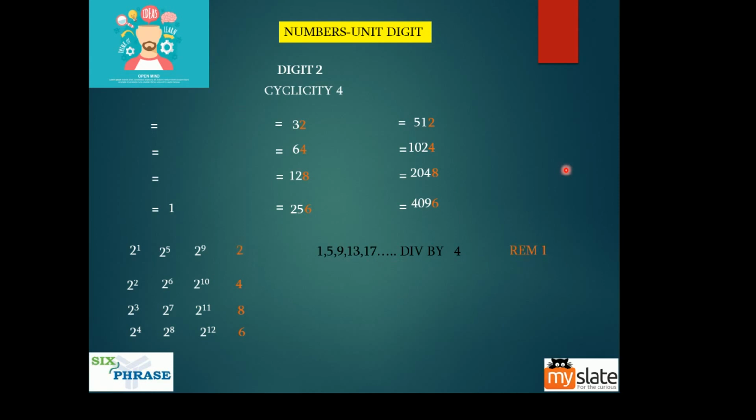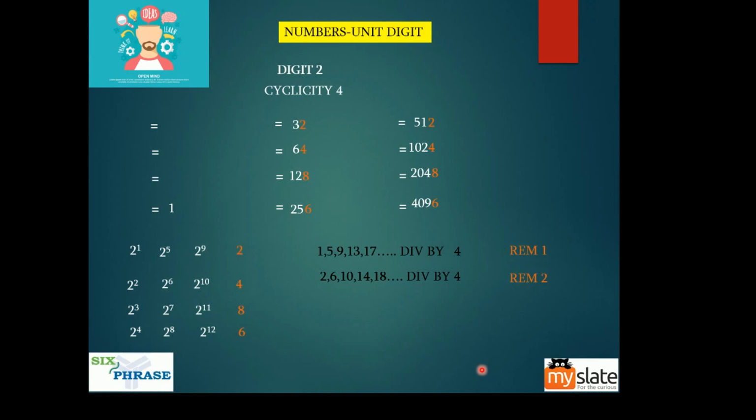Okay. Now we look at another set of numbers. 2, 6, 10, 14, 18 divided by 4. These are the powers of these sets of numbers 2, 6, 10. Now you divide this, you get remainder 2. If the remainder is 2, then 4 is the unit digit. Okay.